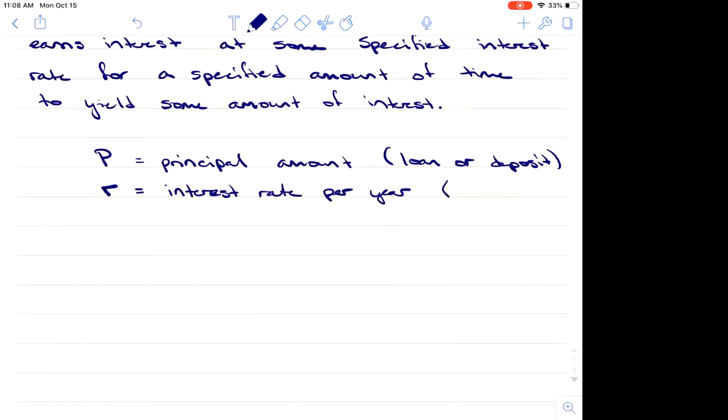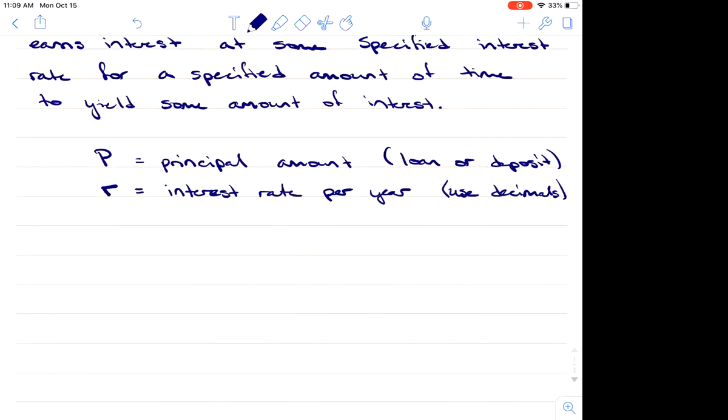For the interest rate, I just want to make a note here. We have to use decimals. So even though I said something like 5%, in decimals, that's 0.05. We have to use the decimal version for the interest rate.